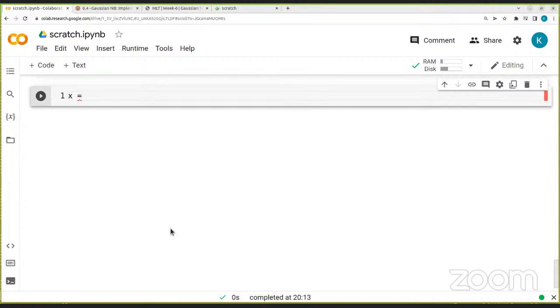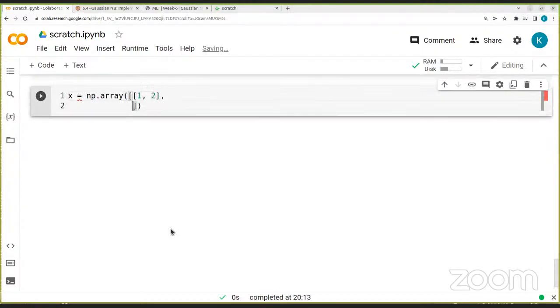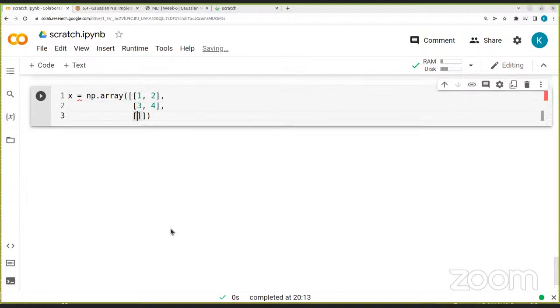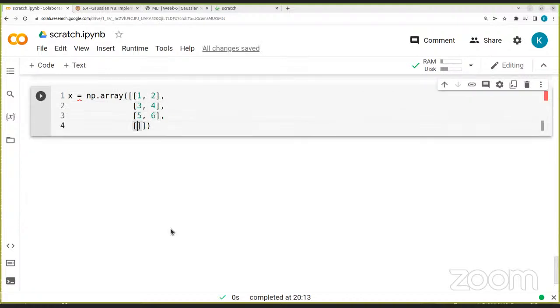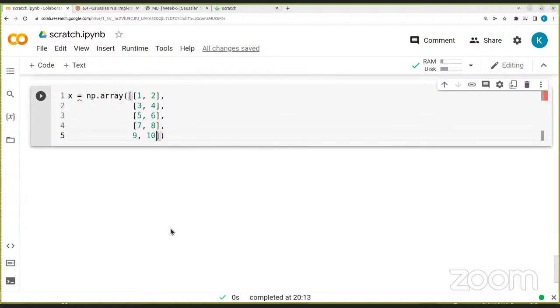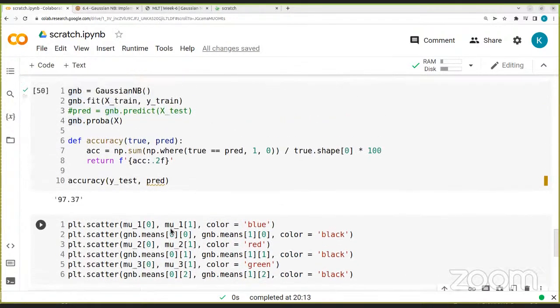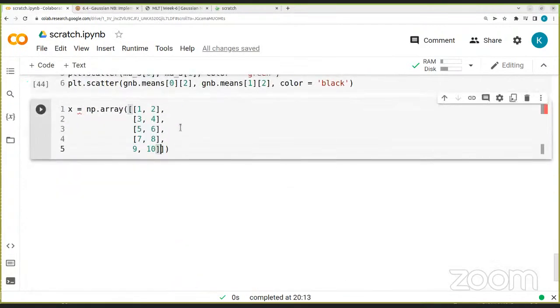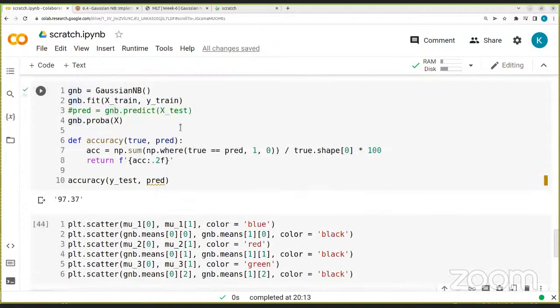So I have a matrix like this: 1, 2, 3, 4, 5, 6, 7, 8, 9, 10. What I want to do is divide.